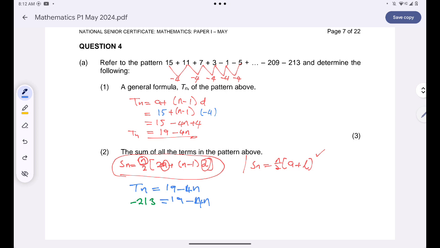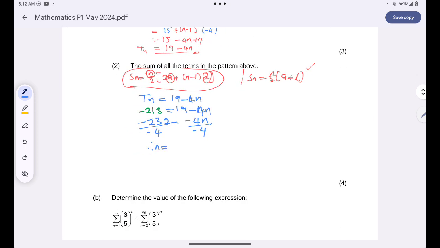So I'll simply have negative 213 minus 19. I'll get negative 232 is equal to negative 4n. I'll divide both sides by negative 4. So therefore, n is equal to 58. So basically, I just want to find the sum of the first 58 terms.